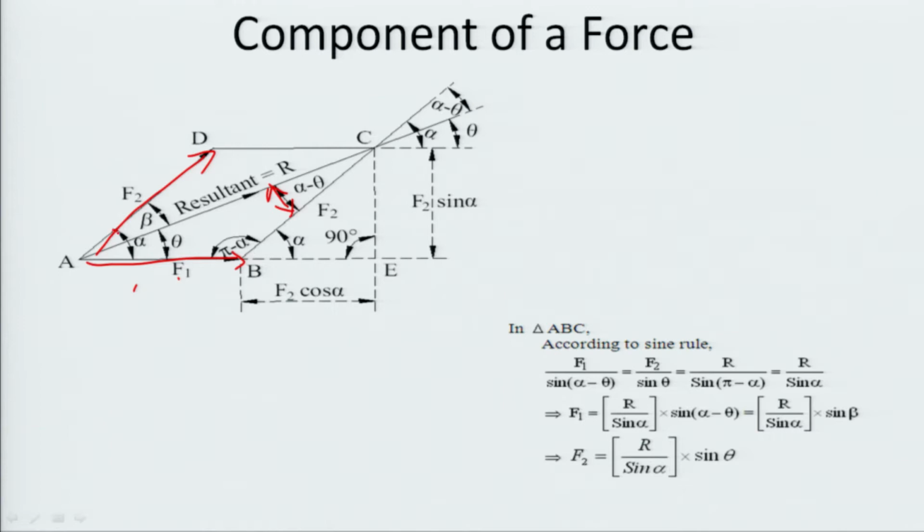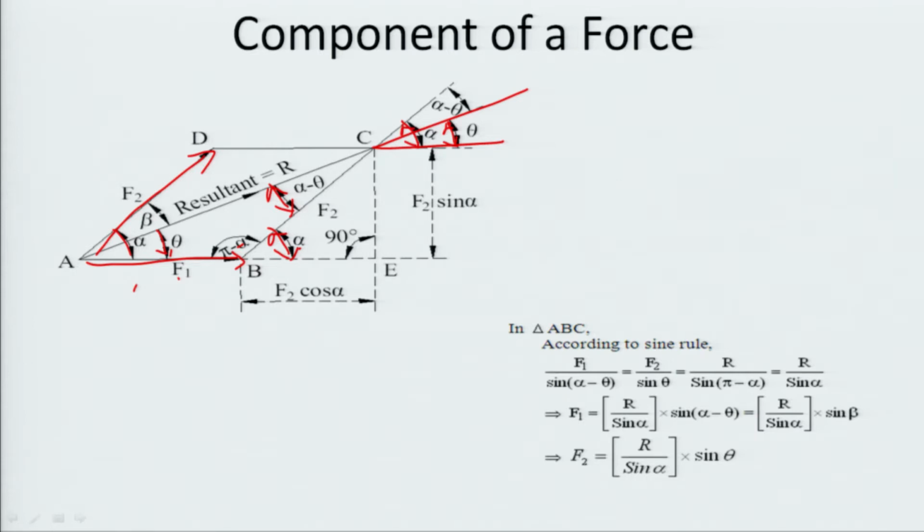This angle alpha will be same as this alpha, this one will be also alpha. This angle theta will be this theta, therefore this angle will be alpha minus theta. Okay. This is alpha, so this is pi minus alpha.